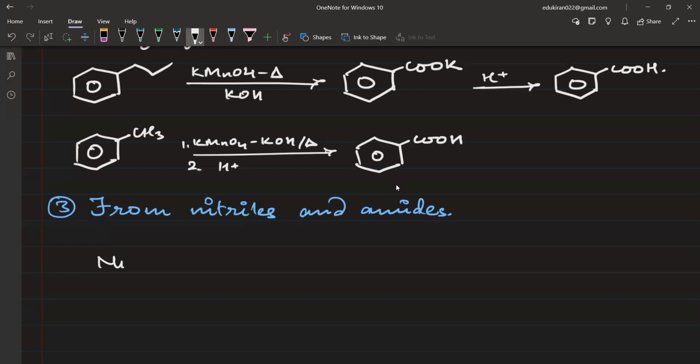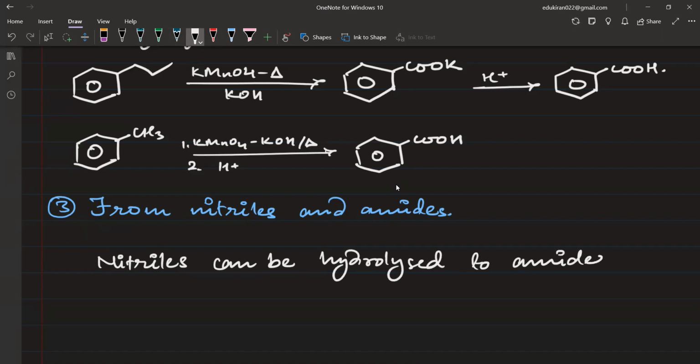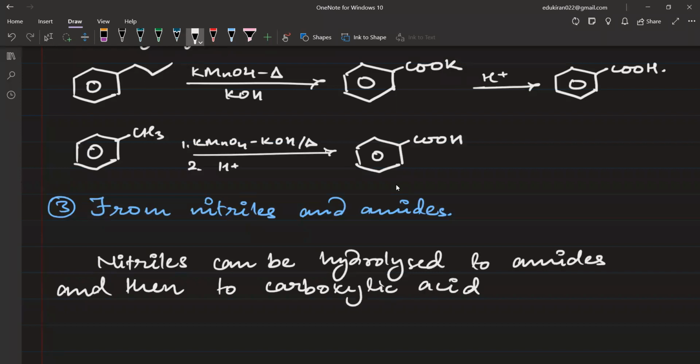Nitriles can be hydrolyzed to amides and then to carboxylic acid in the presence of acid or alkali.